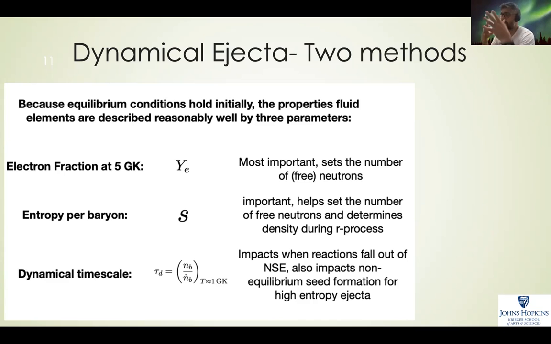The first method is known as the flux method. Maybe people are familiar with this name. They take three parameters to characterize the expanding material that undergoes r-process nucleosynthesis and produces a kilonova, hopefully.